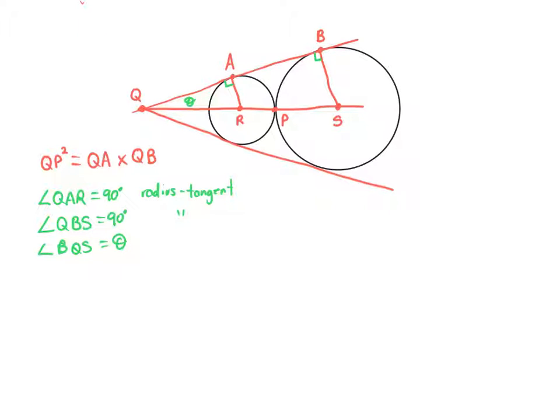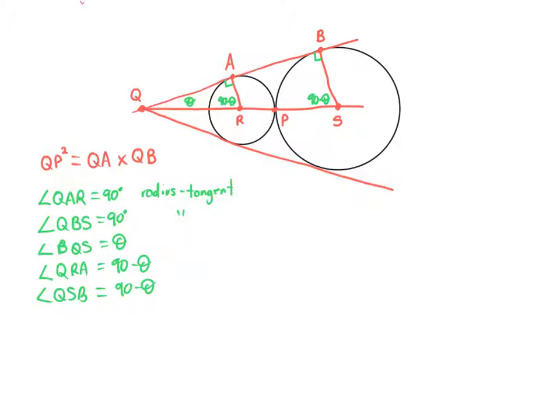That means that the angle here, QRA, is equal to 90 minus theta. And obviously also the angle QSB is equal to 90 minus theta.